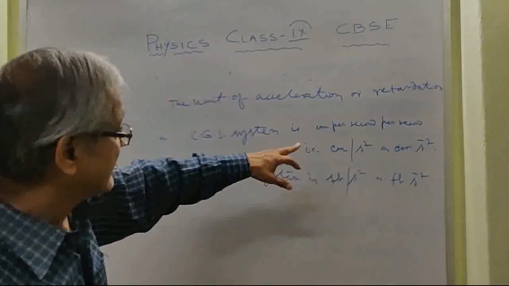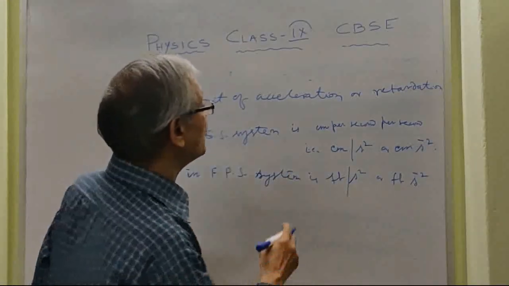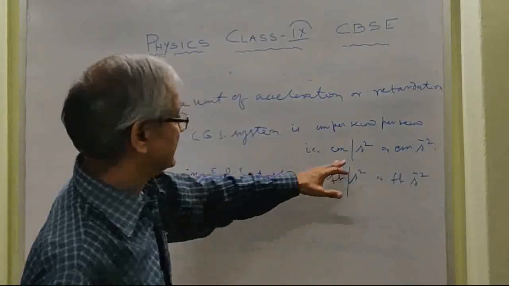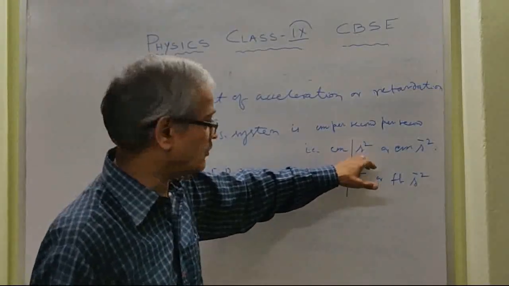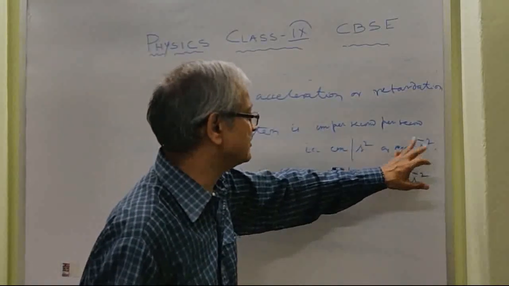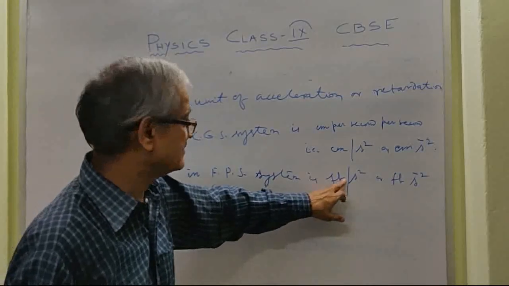Here it is important that in centimeter no full stop sign is given, or in the case of second also, always written in this way: centimeter per second square or centimeter second to the power minus 2. Foot per second, no full stop is given here.